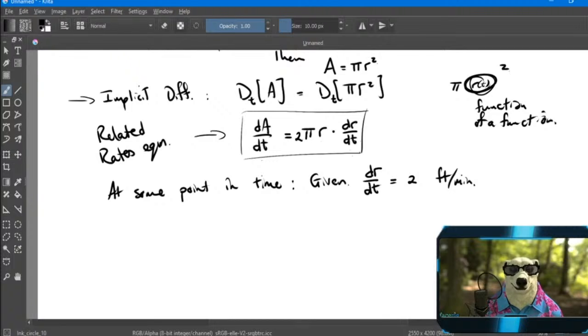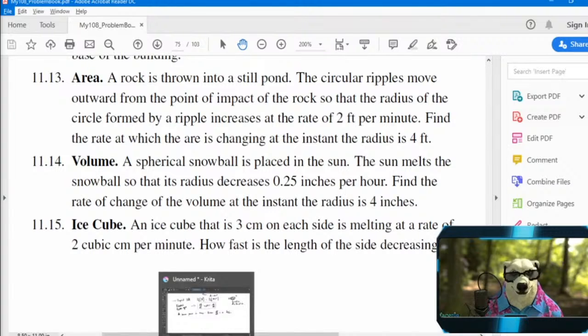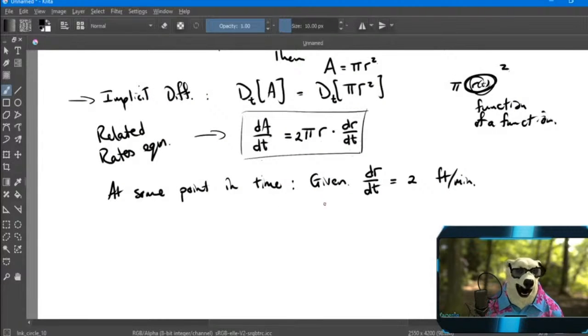So we're given the rate of change of the radius is 2. We want to find the rate at which the area is changing. So we want the rate of change of the area.